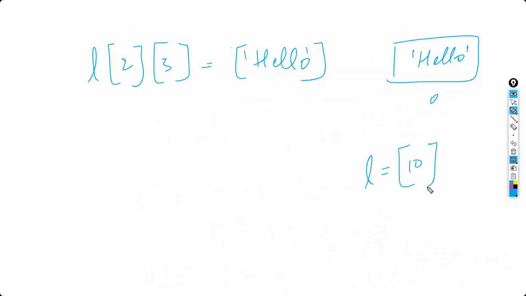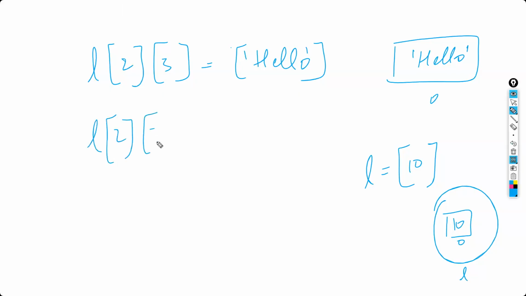Only one item is there. How will this be created? Object will be created. One box or 10 boxes will be there? One box only. In that, what is the index number of that? How to select a single value from that? In the list, a single value is there. That single value, how to select, extract? Index of 0. Add 0. So L of 2 of 3 of 0. Output is hello.